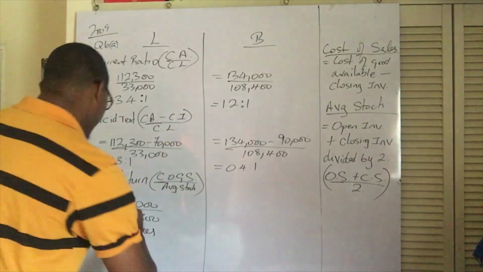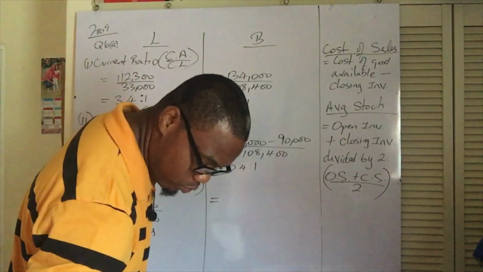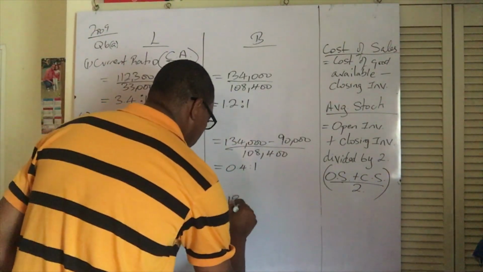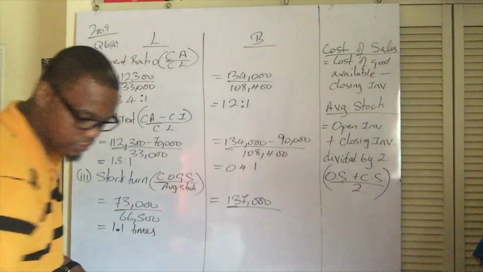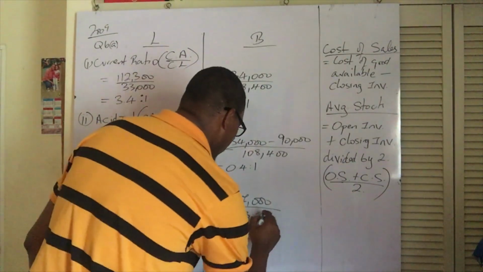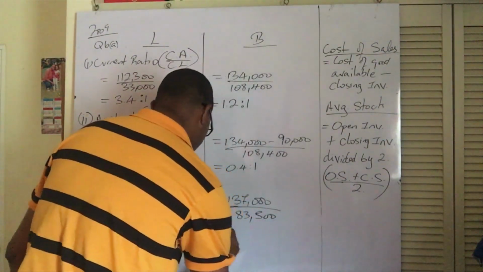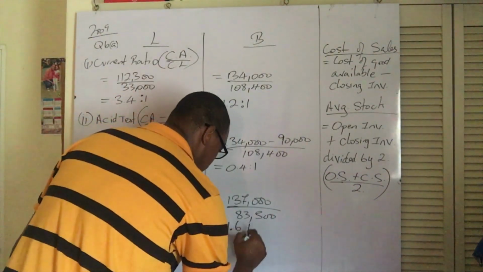So for Budai, let's look at Budai now. For Budai, cost of goods sold is 137,000. I calculated that using the same thing that I just showed you. 83,500 is average stock. That will give me a stock turn ratio of 1.6 times.